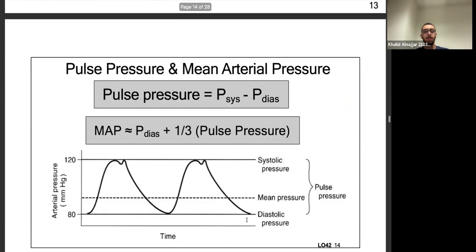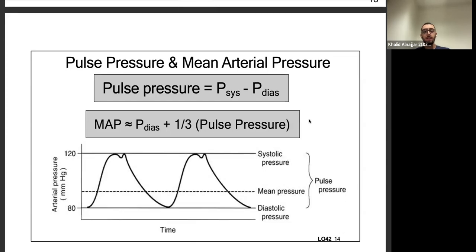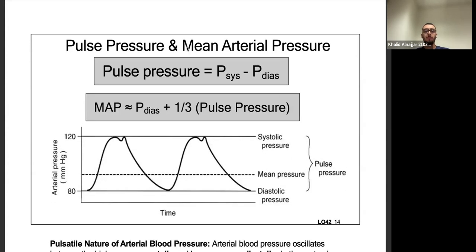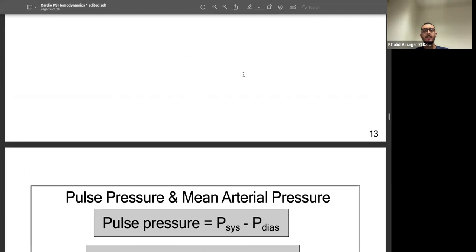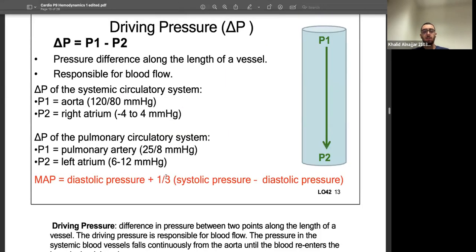Let me explain the pulse pressure. What is the pulse pressure and what is its relationship with the mean arterial pressure equation we just explained? Pulse pressure is basically the difference between the systolic pressure and the diastolic pressure. So the systolic pressure minus diastolic pressure. And this reminds us of this equation. So this is the pulse pressure, right?